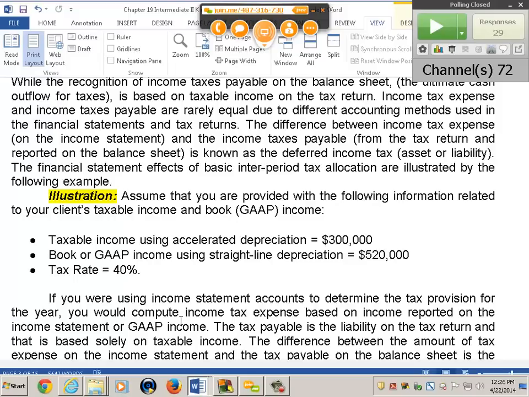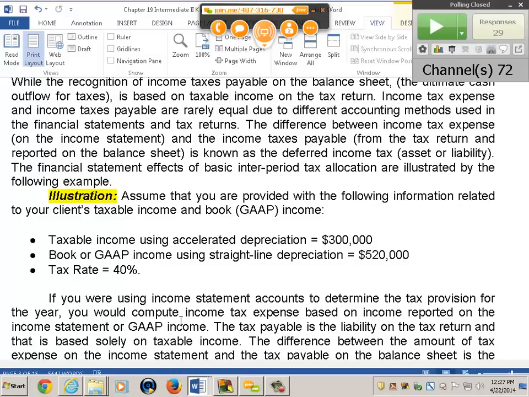Okay, so for GAAP purposes, I'm using straight line. All I need, by the way, is a difference of 220,000. So let's make this 600. So I'm able to deduct $600,000 every year for GAAP purposes. For tax purposes, however, I use MACRS, accelerated.